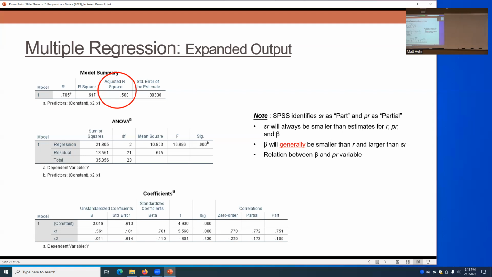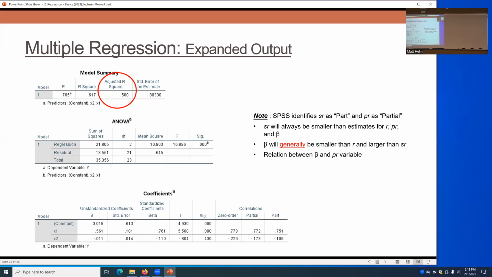Remember, this is just a test of our R squared value. This is testing whether or not R squared is equal to 0. Now we've got a very small p-value. This is very clearly not a 0 coefficient. So this ANOVA table is a test of your model. Is my model any good? My model is determined by my R squared. Is this accounting for variability in my outcome?